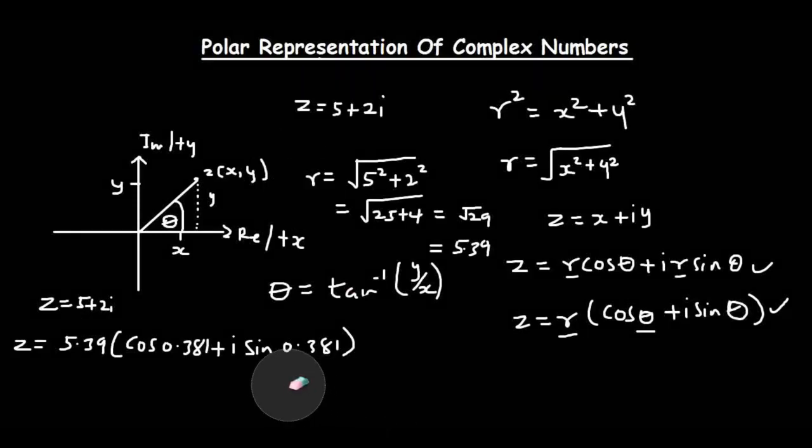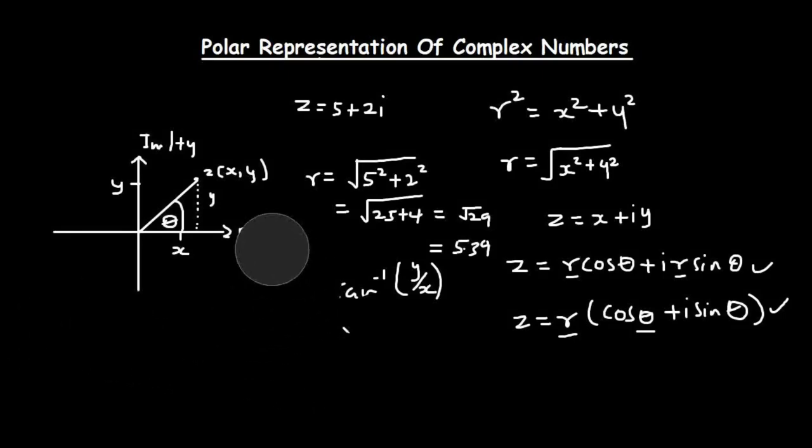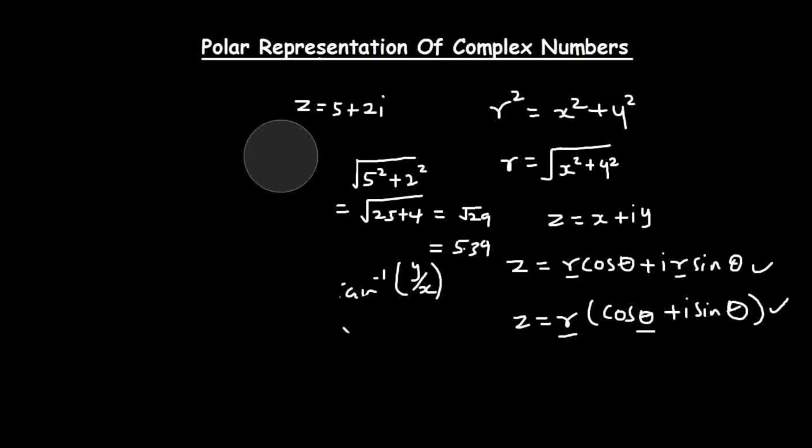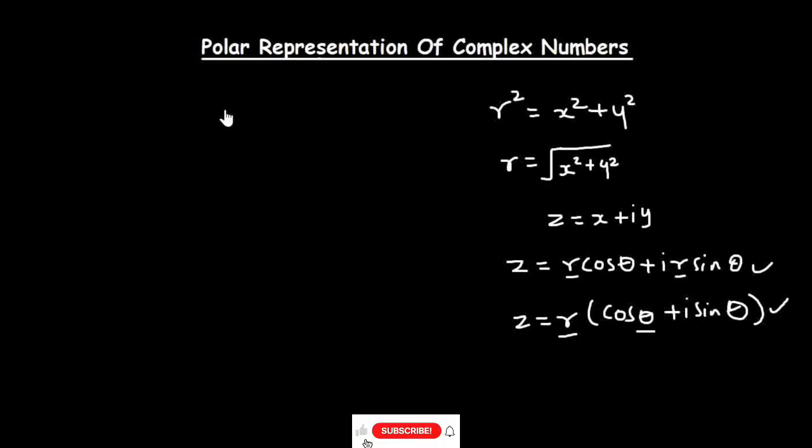So now let's try another example. We have the complex number z equal to minus 4 plus 4i. You have to write this complex number in polar form.